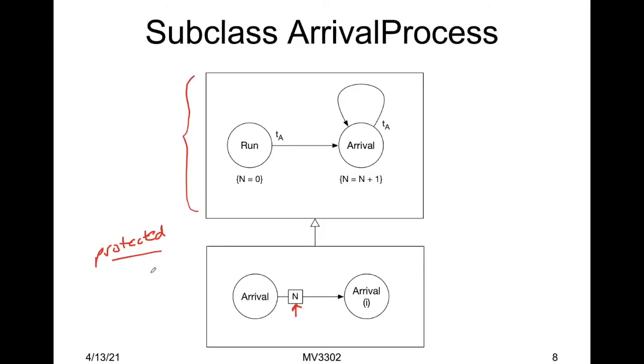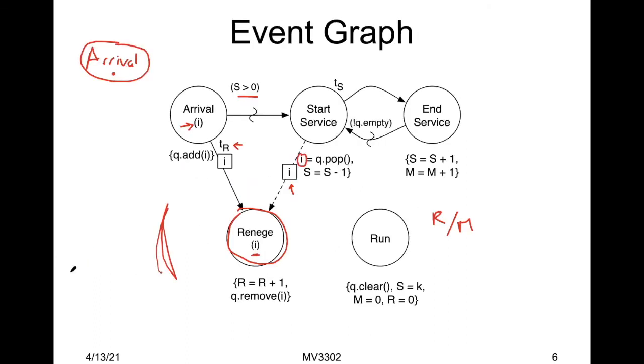Okay, so as I said, the one thing that this doesn't do is, as I said before, if I'm interested in also estimating how much time the guys who reneged spent in the queue and how much time the people who got service spent in the queue, this doesn't do that.